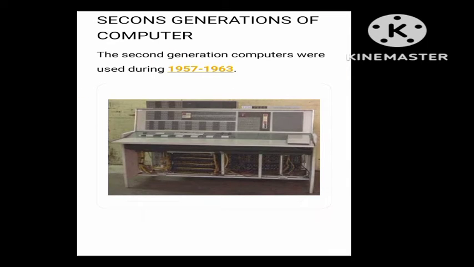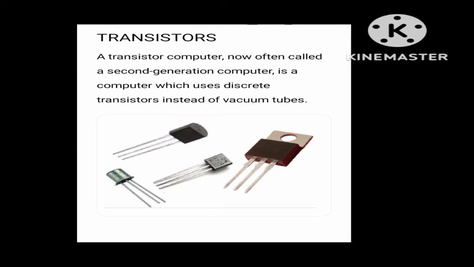Second generation of computers. The second generation of computers were used during 1957 to 1963. Transistor. A transistor computer, now often called a second generation computer, is a computer which uses discrete transistors instead of vacuum tubes.